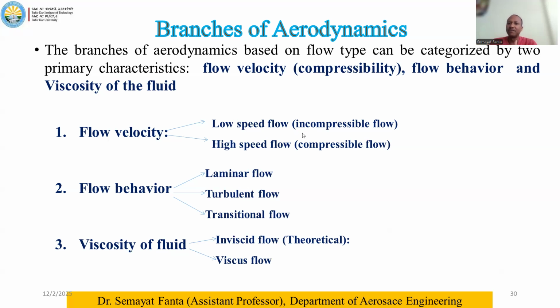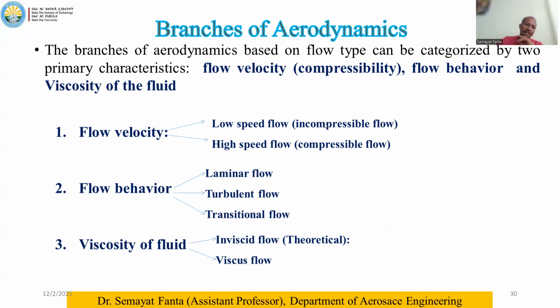That means it becomes compressible. So higher speed flows are considered compressible flow aerodynamics, and are used for supersonic and hypersonic velocities. But at lower speed, the density of air is considered constant, so the flow is called incompressible. Compressibility is related with density and the bulk modulus of the material.